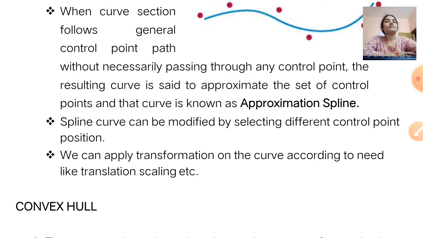In the approximation spline, not necessarily all the control points are connected or touched. But in the interpolation spline, all the control points are connected.